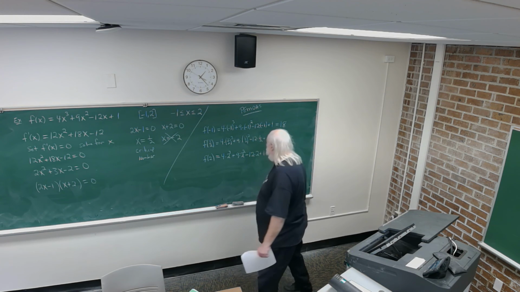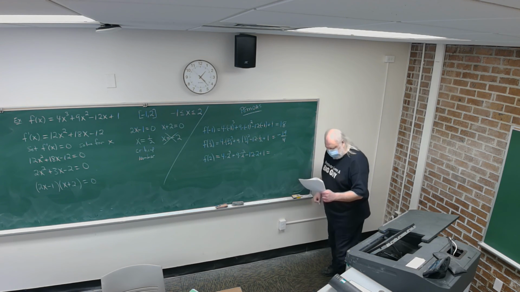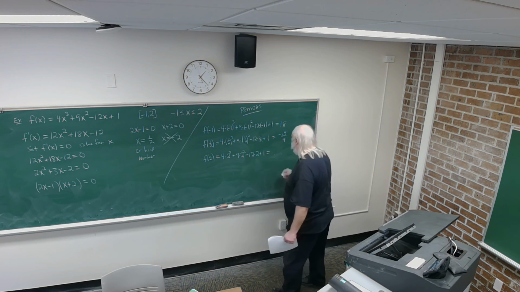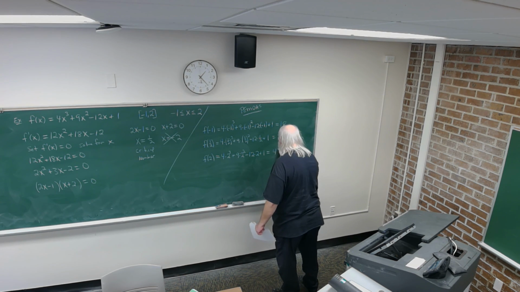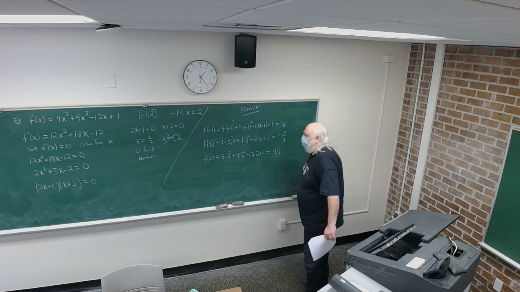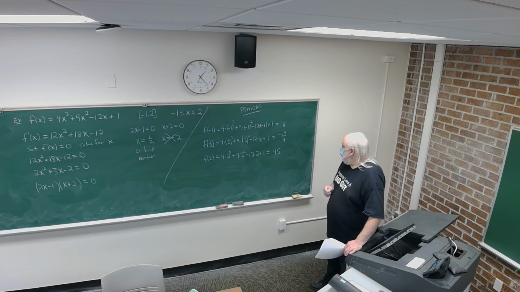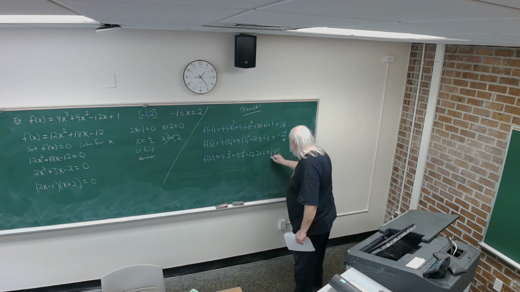And again, following order of operations, I got 45 for the value of the function at x equals 2. So what's the absolute maximum value of this function on that interval? 45, right?